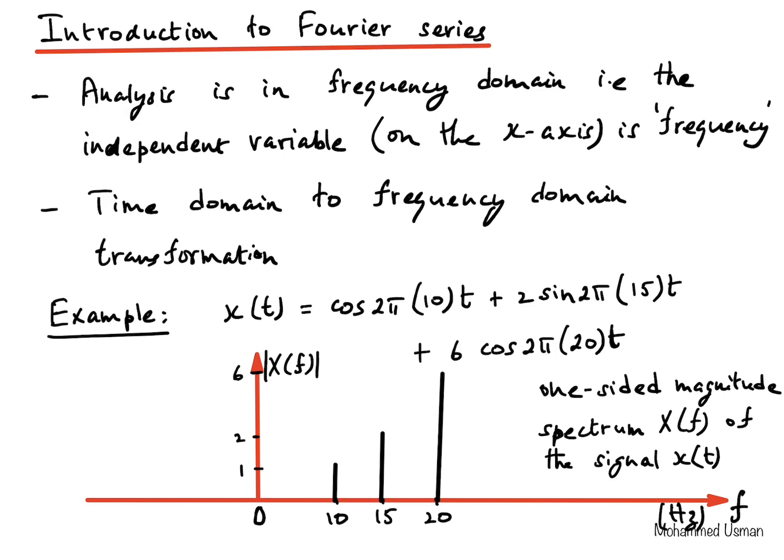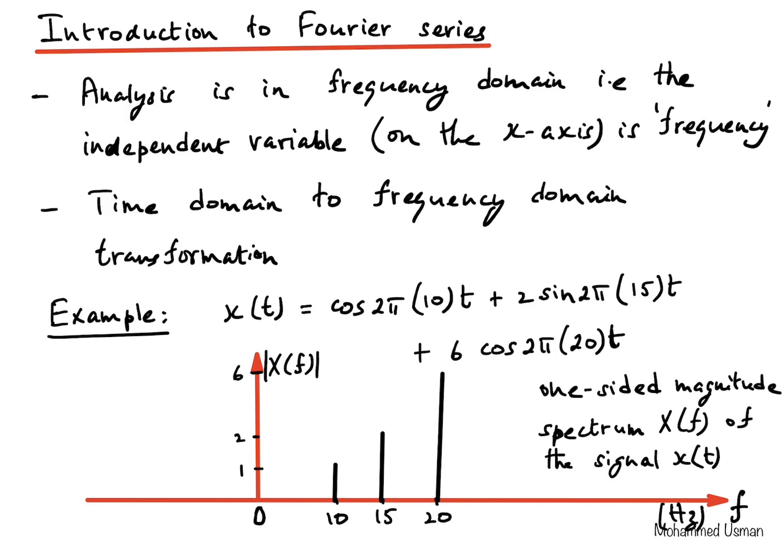The next thing that we notice here is that since we have constructed this x of t as a summation of sinusoidal signals, that is cosine and sine waveforms, and since the cosine and sine waveforms are periodic signals, the summation is also a periodic signal, that is, x of t is periodic. And when x of t is a periodic signal, its spectrum x of f, that is its Fourier transform or Fourier series, is, if you notice here, discrete.